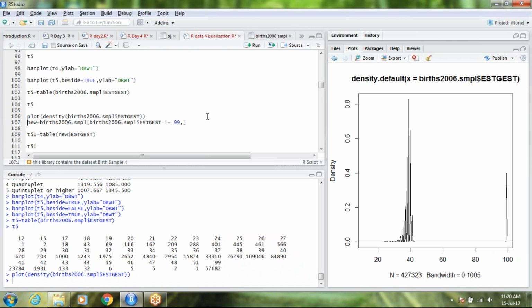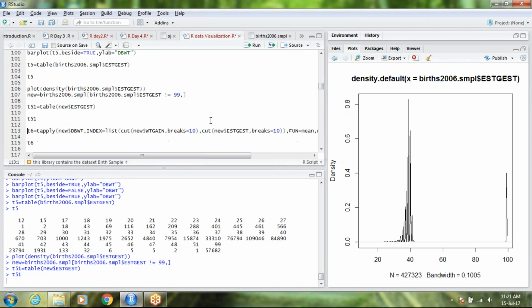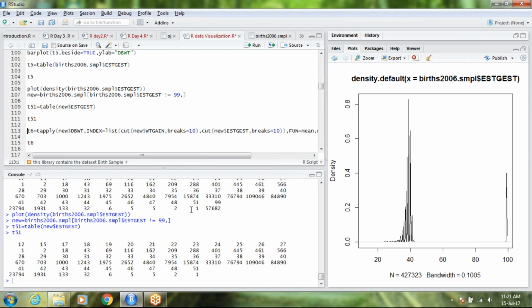So let's do one thing. Let's remove the one with 99 and save it in a new table or a new data set. Now if I want to make a table of it, let's see. Here I have removed the one with 99.